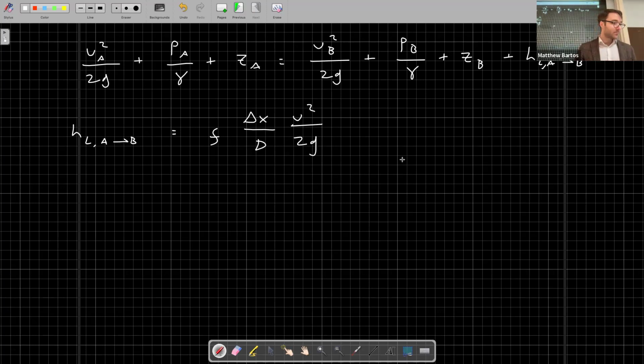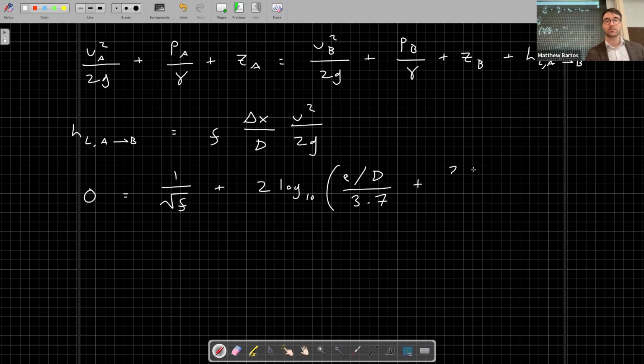And then also from Colebrook-White, we have 0 is equal to 1 over the square root of the friction factor plus 2 log 10 of quantity roughness height divided by diameter divided by 3.7 plus 2.51 divided by the Reynolds number times the square root of the friction factor.